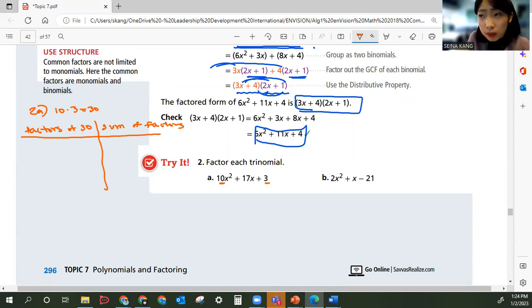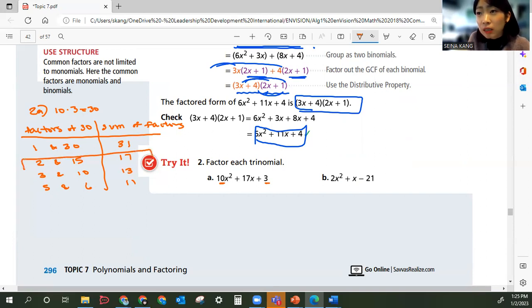It has to be positive 30, so we just need to look at positive factors. Negative times negative also works, but they're going to give you a negative sum, so we're not going to worry about the negative numbers, okay? So we have 1 and 30, 2 and 15, 3 and 10, 5 and 6. If you add them, you get 31, 17, 13, 11. So which one has a sum of 17?